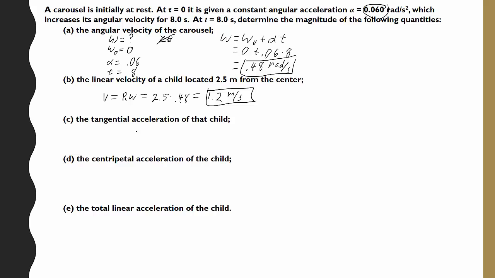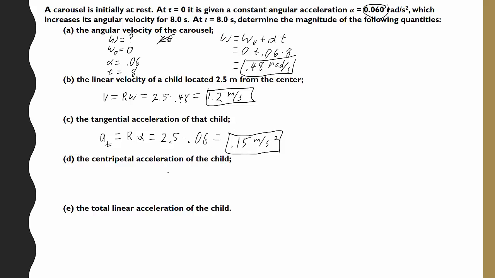Now to the tangential acceleration of the child, which is also a linear quantity, which we can get just by multiplying the angular quantity by r once again. So r is going to be 2.5, the angular quantity is 0.06, which gives us 0.15 meters per second squared.